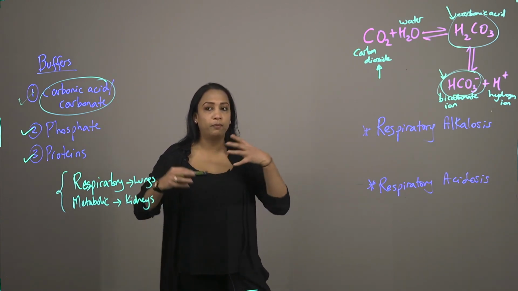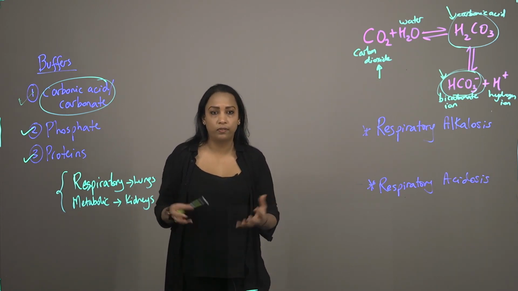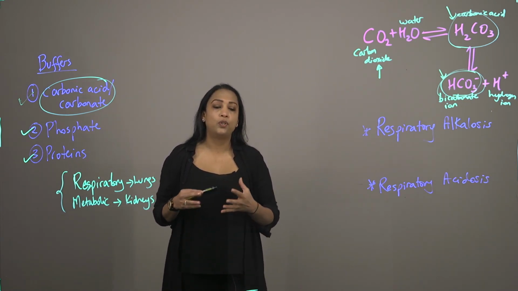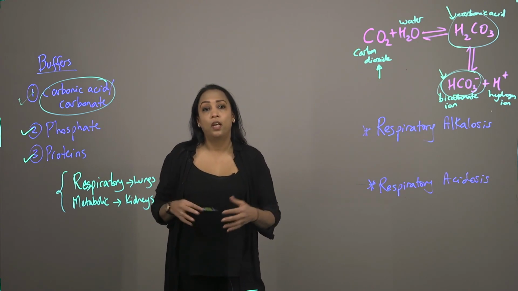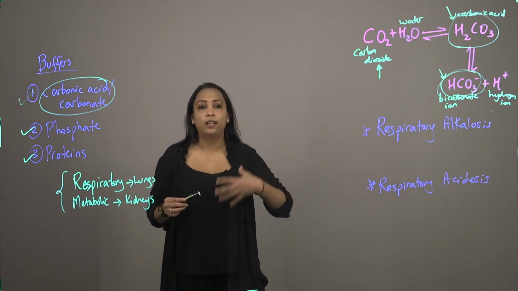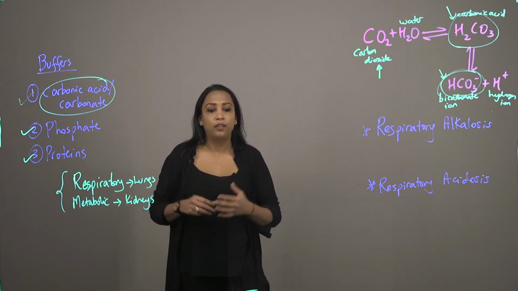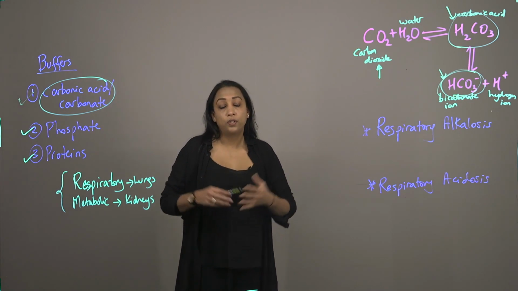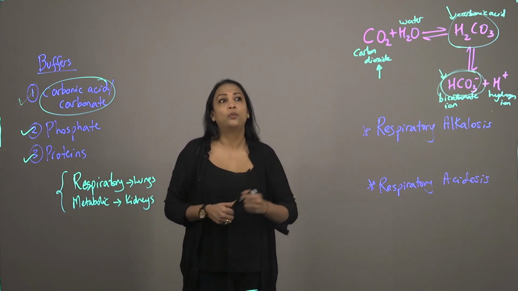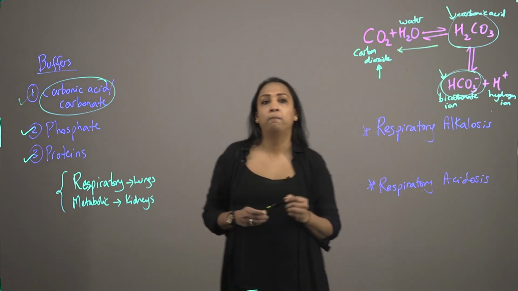So if we think about when we are, let's say, anxious or nervous, and we begin to hyperventilate. So this is where, of course, we are going to be inhaling and exhaling very rapidly, and this is called shallow breathing. Now, this kind of situation will lead to this equilibria being shifted this way, okay?